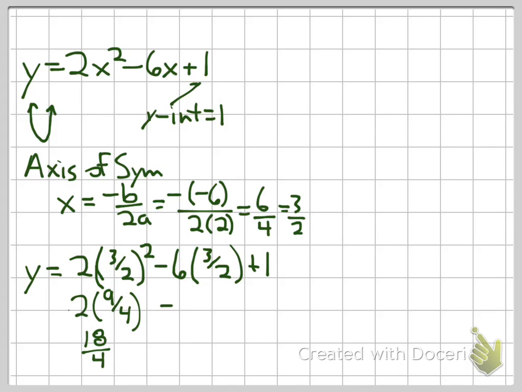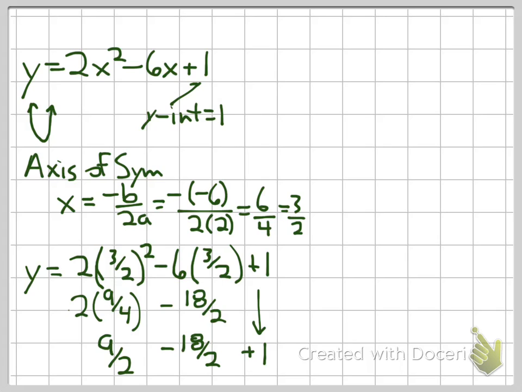Bring down the next, it's 6 and 3 is 18 over 2, which I could make into 9, but why don't I just bring that down as 18 over 2. And of course we have the 1, just tags along as 1. But now on this bottom row, let's change them so they all have the like denominator. I can make 18 over 4 into 9 over 2.